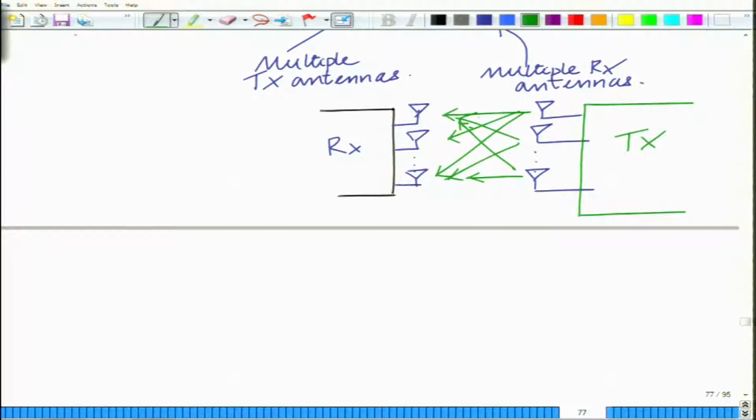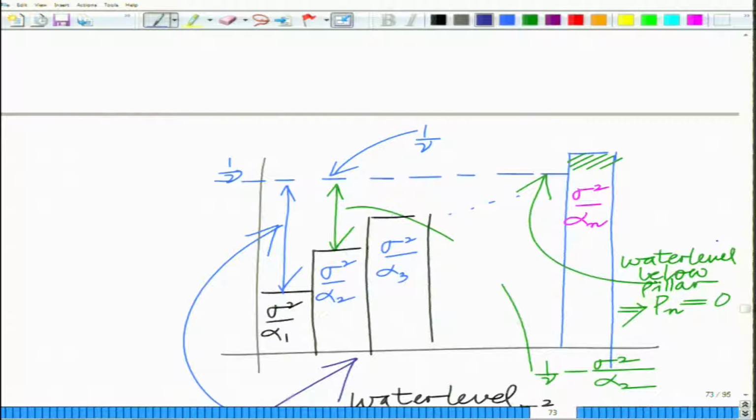Let us say we have R receive antennas, and this quantity T equals the number of transmit antennas.